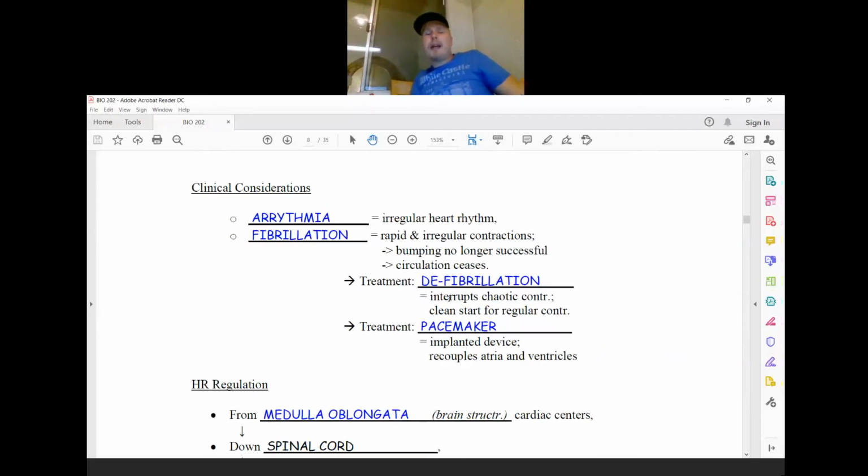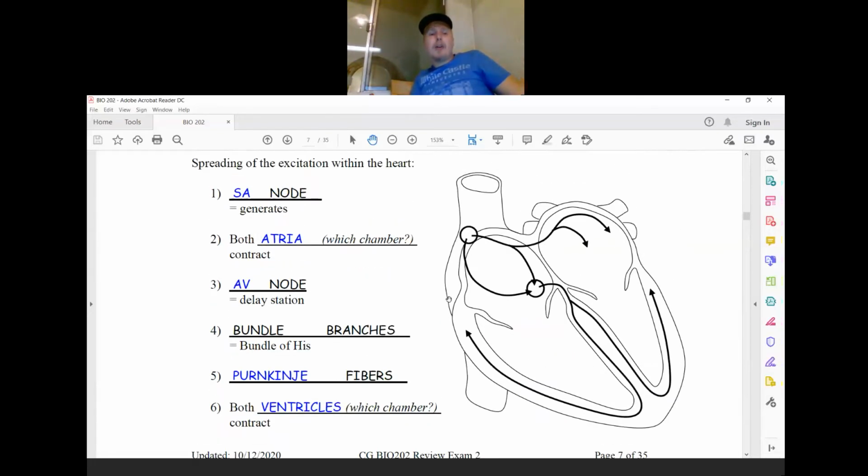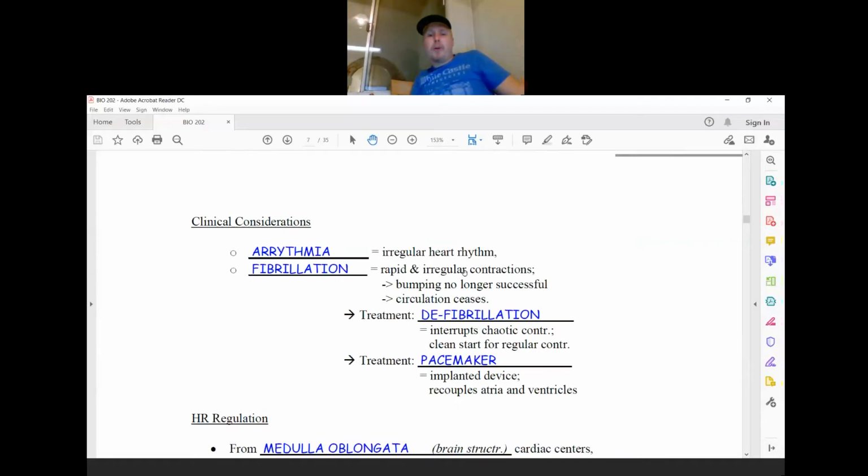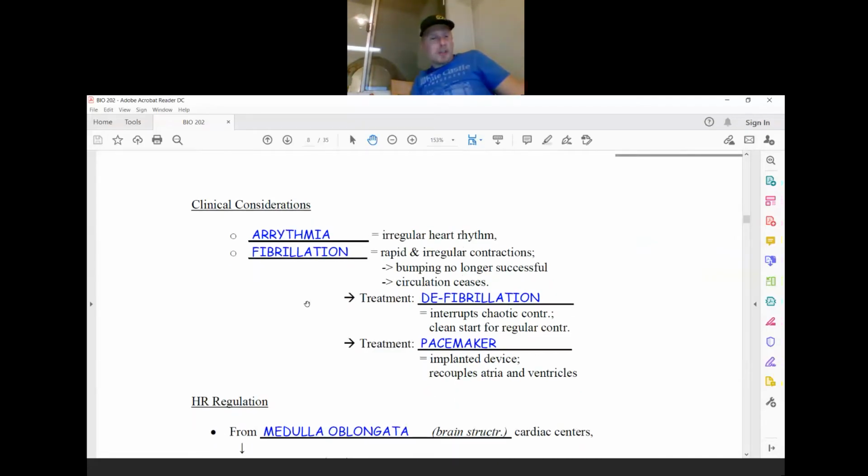And we hope that that gives us a clean start for our SA node to start another successful action potential series through the heart.